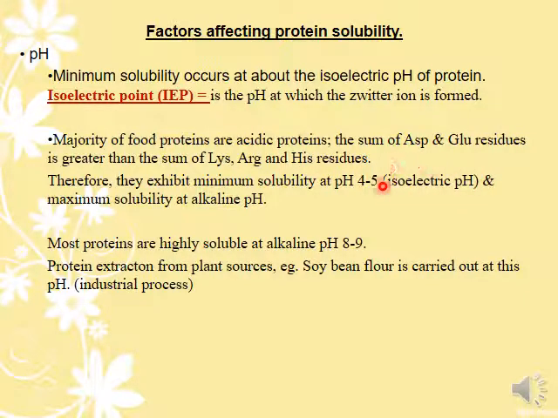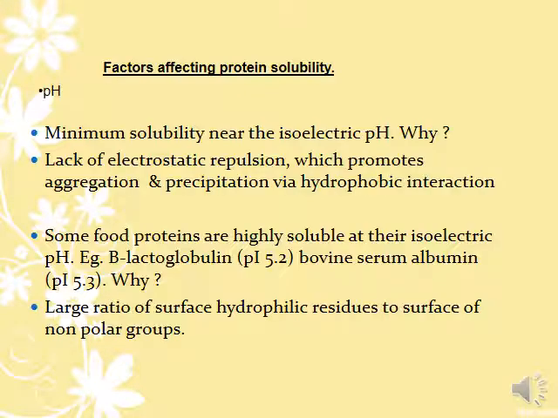and this is classified as the isoelectric pH. Most proteins are very soluble at alkaline pH, which is in the range of pH 8 to 9. So why is there minimum solubility of protein at isoelectric pH?